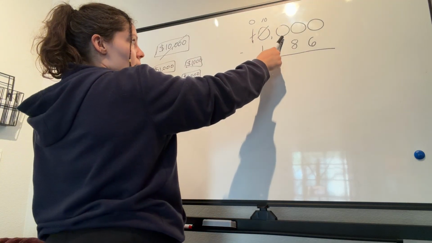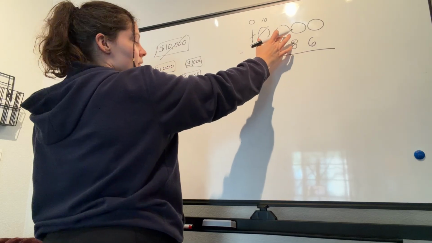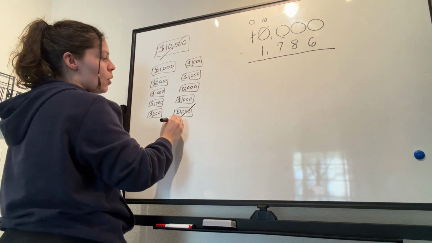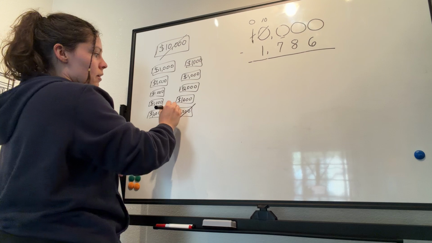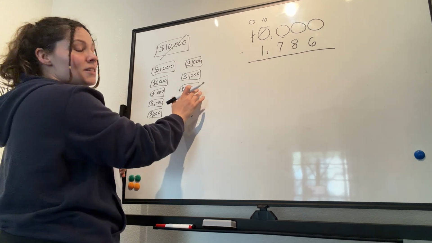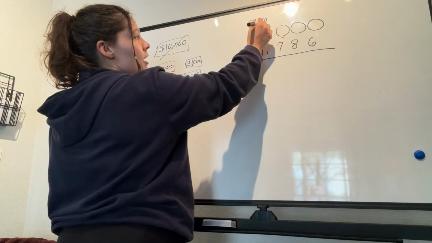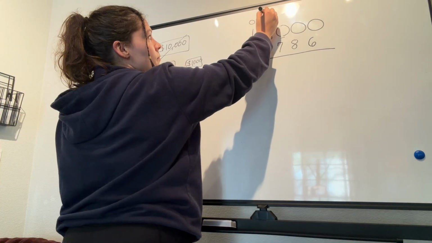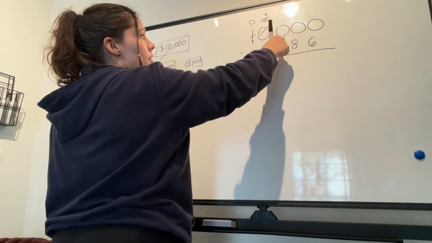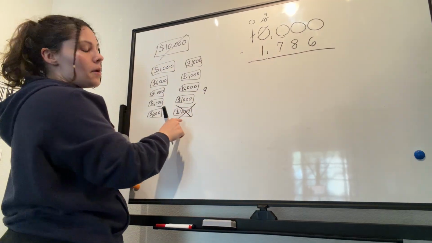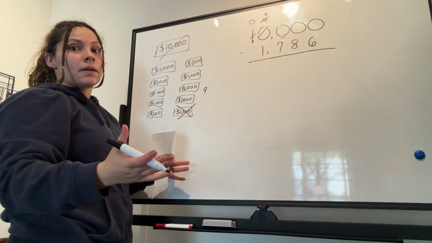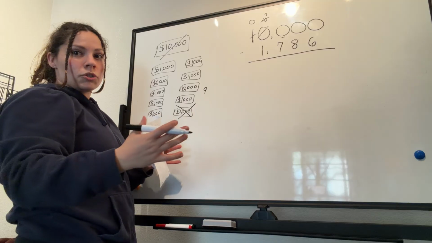We're going over to the right here, in the hundreds place. I'm going to take a $1,000 bill. Now we don't have 10 anymore, we have 9, so I'm going to change this number to 9. With this $1,000 bill, since I'm in the hundreds place, I'm going to make 10 $100 bills.